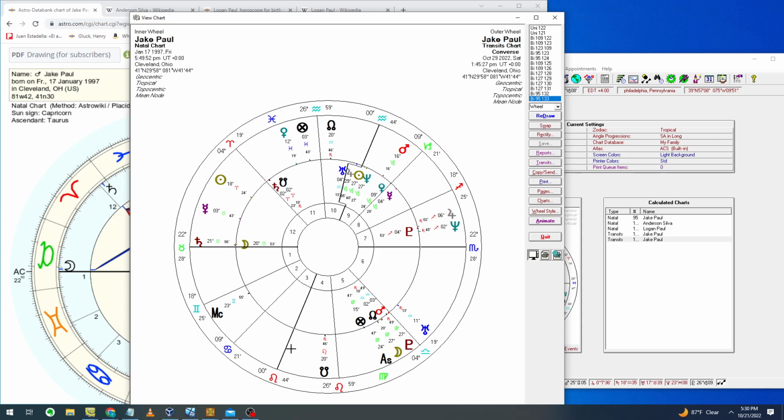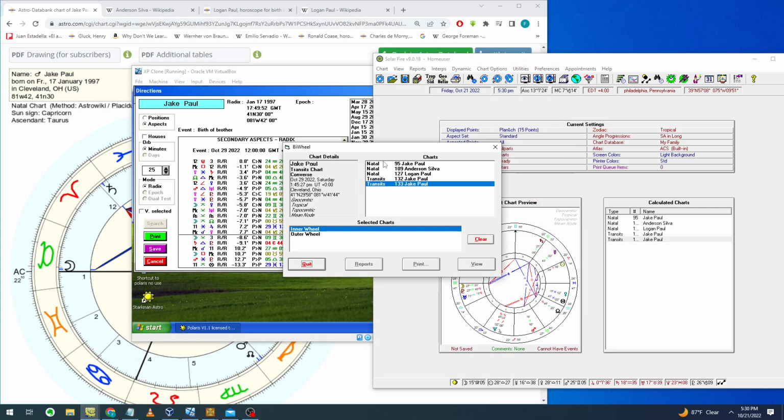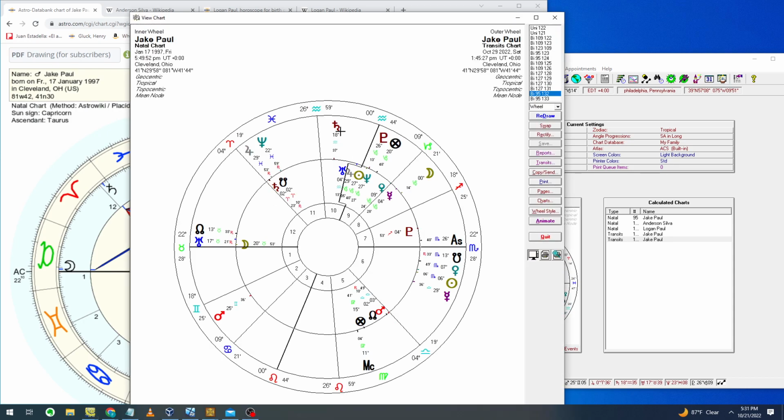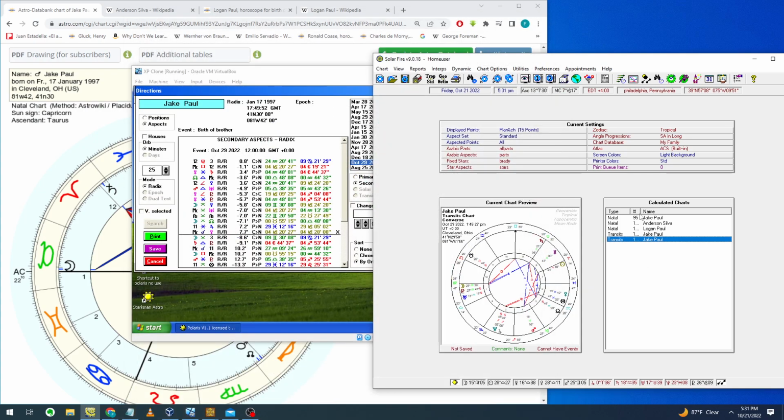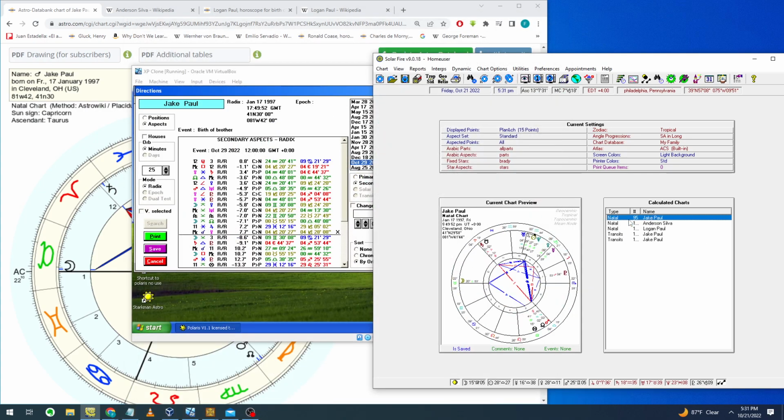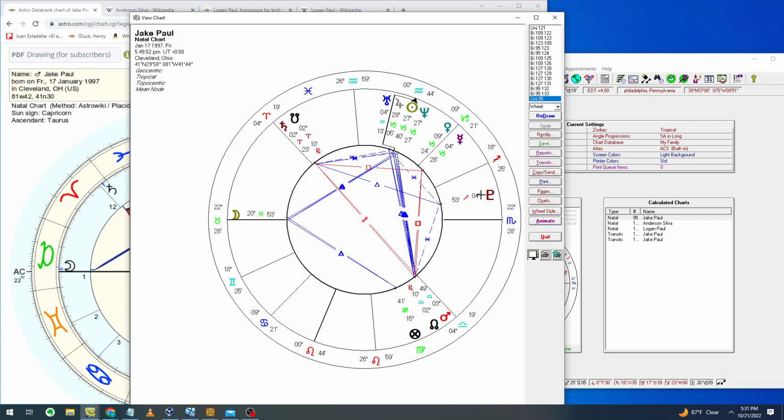If it was here on the IC opposing the midheaven, then for sure it's a very concerning factor. Even this square here to the ascendant, not very interesting to me. I still think Jake Paul has very high chances of winning.